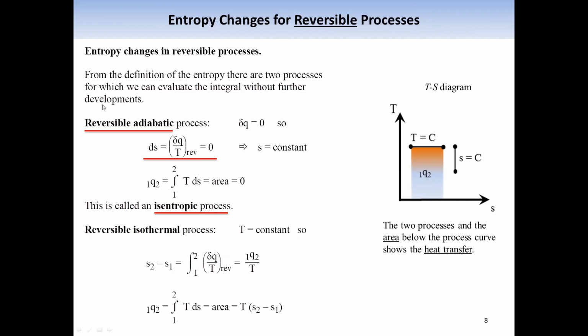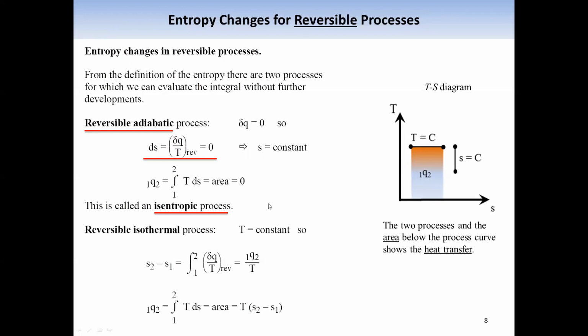If it's reversible adiabatic combined, we give a term called isentropic process. Remember, this is a very, very important term. If it's a reversible adiabatic, we give a name, and it's called an isentropic process. For an isentropic process, because entropy is defined as dq over T, if heat transfer is 0, ds is 0.